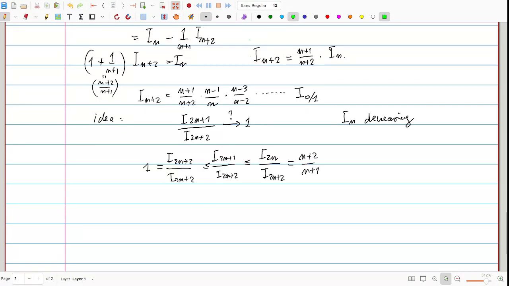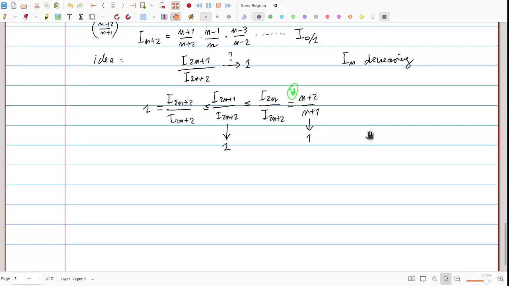This is by this relation here. Very nice, because now this is clearly going to 1 and this is equal to 1, and so we have proved by the squeeze theorem that this is going to 1, as claimed.